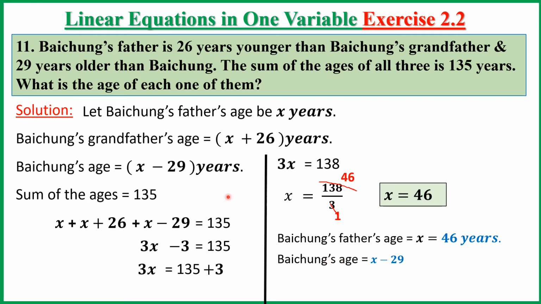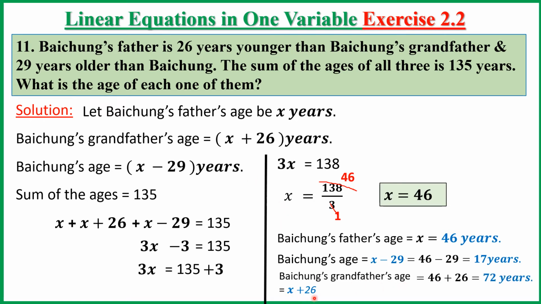Baijung's age is x minus 29, that is 46 minus 29 equals 17 years. Baijung's grandfather's age is x plus 26, that is 46 plus 26 equals 72 years. So Baijung's father's age is 46 years, Baijung's age is 17 years and Baijung's grandfather's age is 72 years.